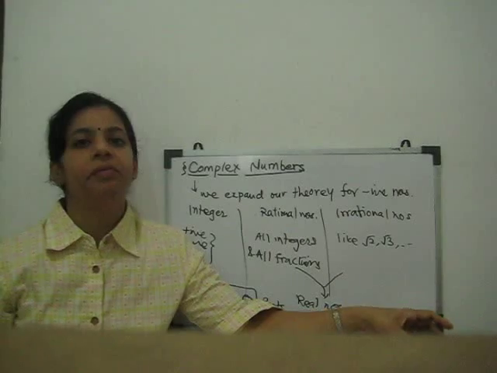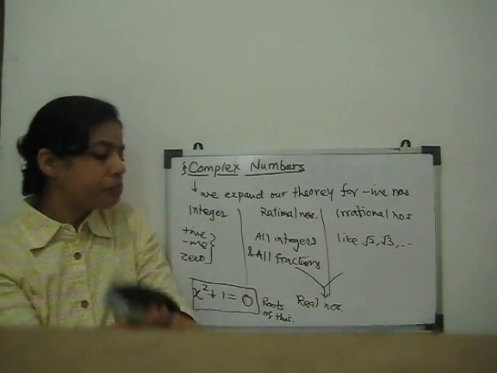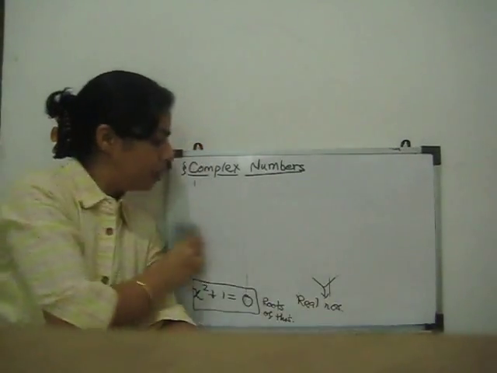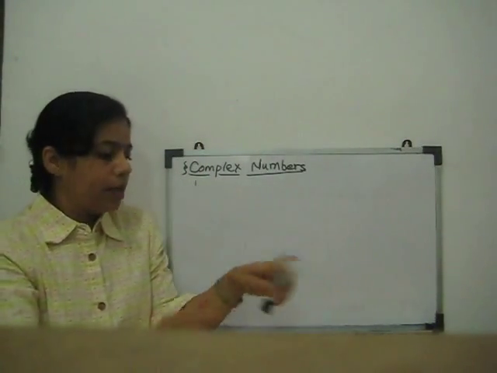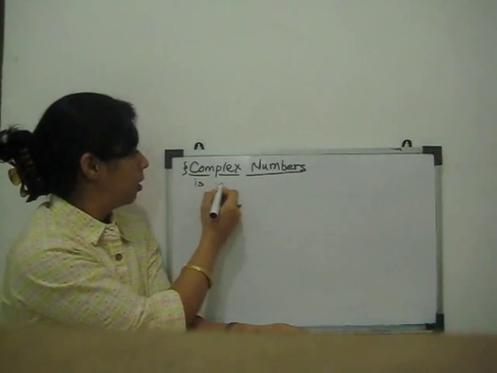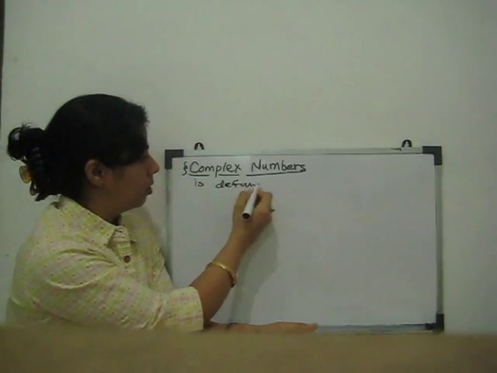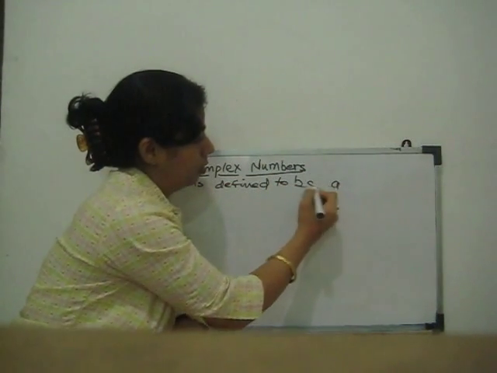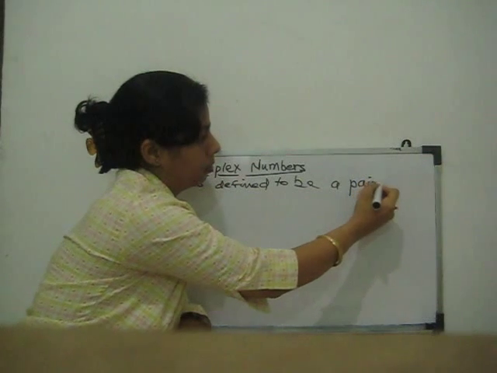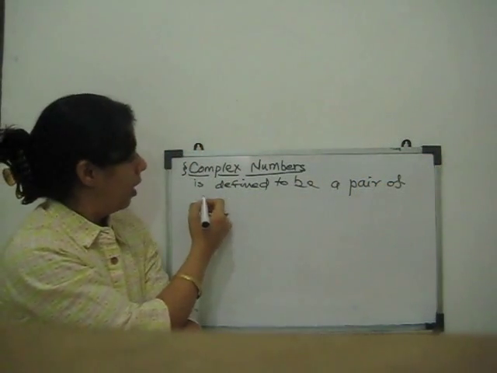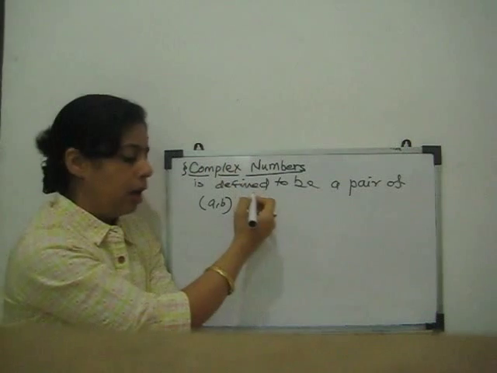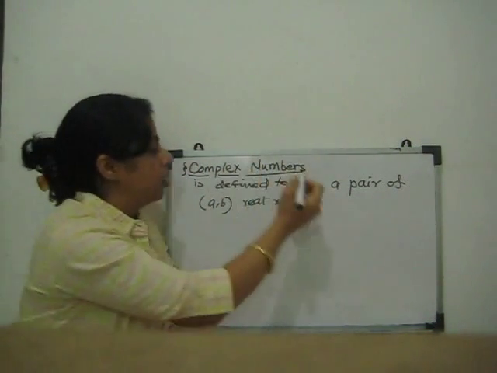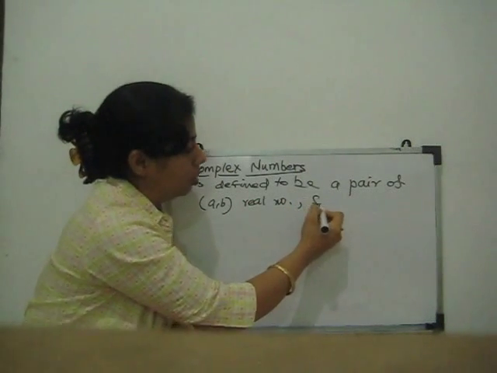Then what is the definition of complex number? A complex number is defined to be a pair of real numbers A, B, subject to follow some rules.